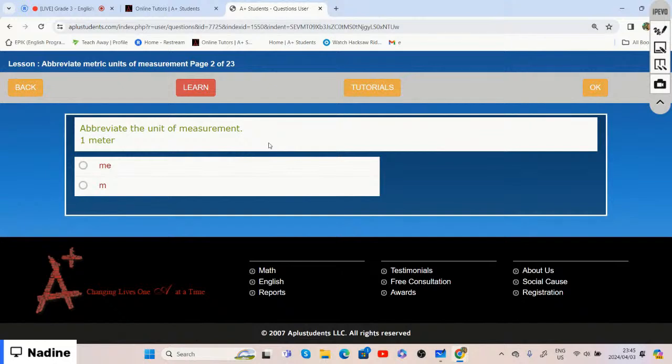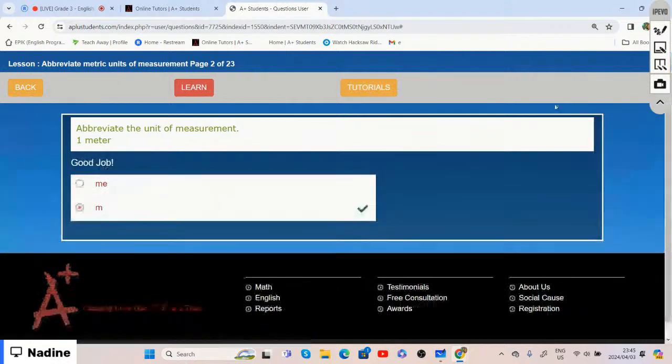All right, and if we choose the correct unit of measurement, we're going to say it's M for meter. So well done. M for meter is correct.